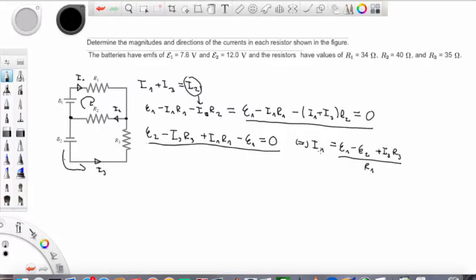And now that we know I1, we could in fact plug it into this one. But let's rearrange this one first. So combine the terms.